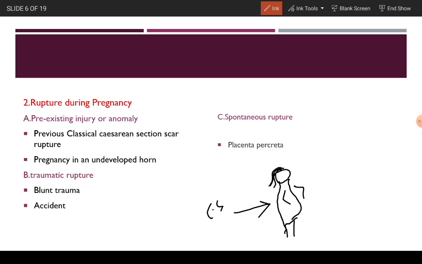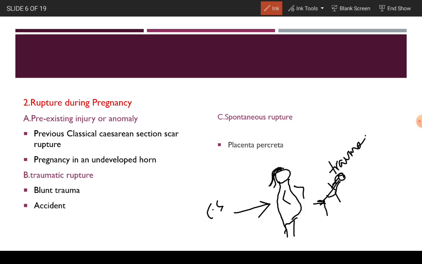Trauma can be either a blunt trauma or an accident.